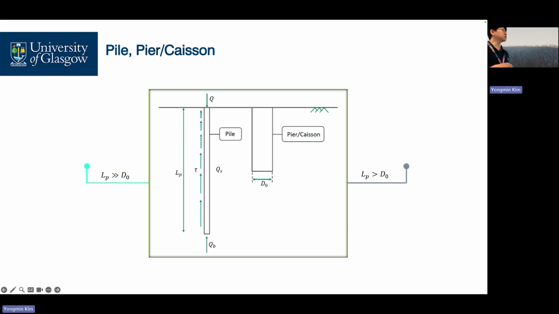Yes, of course. As long as your pile length is greater than 4 times the diameter, it is a deep foundation. But normally the slender one is the pile, and the fat one is the pier or caisson. The only difference is the naming.